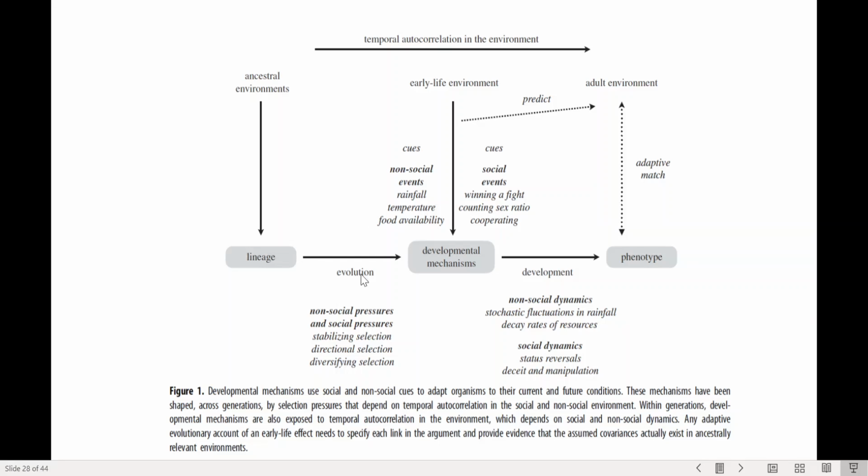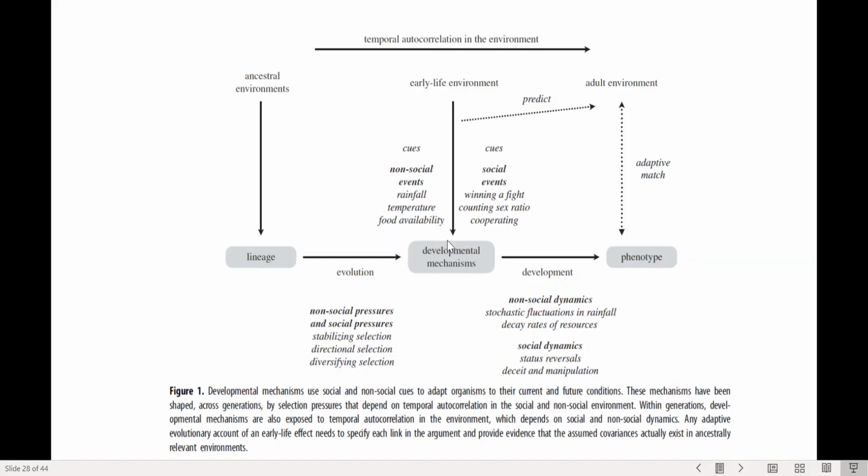And so here the social events, in addition to these non-social events that are really important, are competitions between individuals, the amount of males or females, which influences the mating strategies, as we have discussed when we talked about sexual selection, and the extent to which you have to cooperate or not.